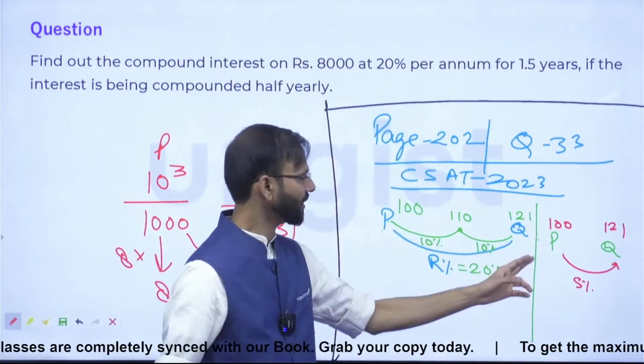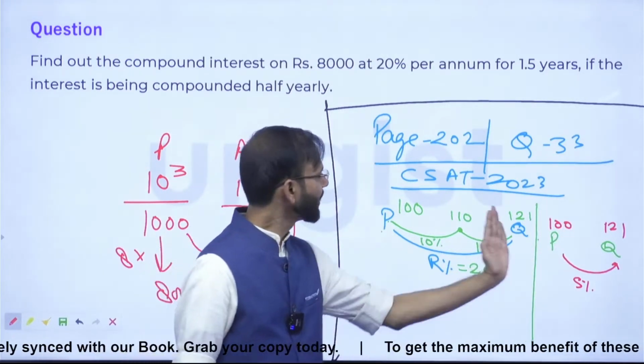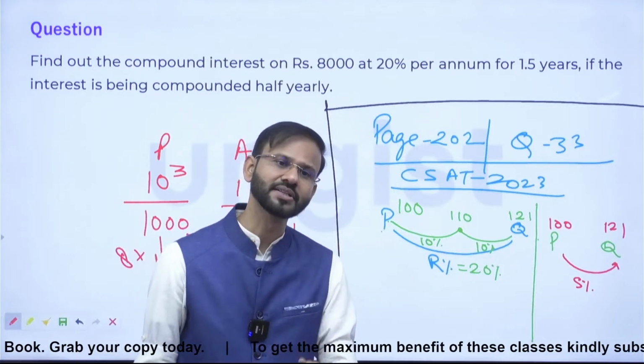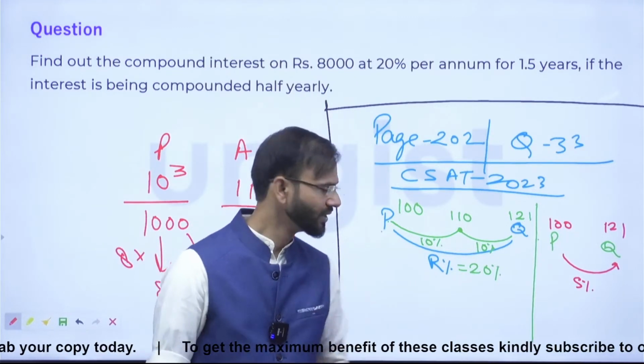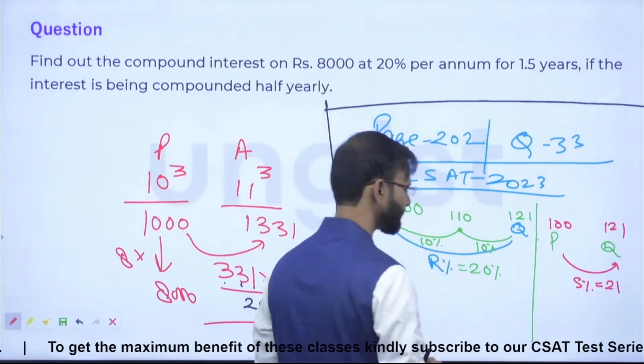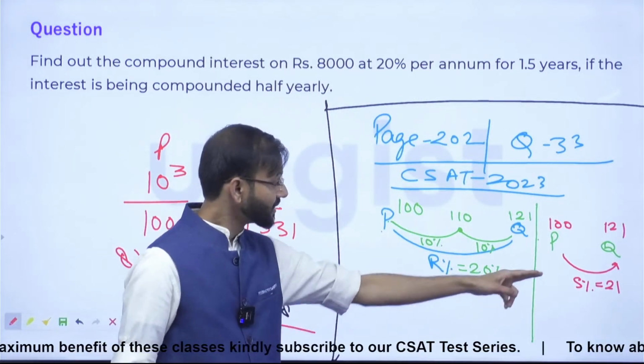Tell me, what will the rate of interest be here? It will be 21%, right? Because 100 becomes 121, it means you are getting 21% interest on 100 rupees. So here the rate of interest is 21% per annum. Everybody, is it clear? So this is your R, this is your S.